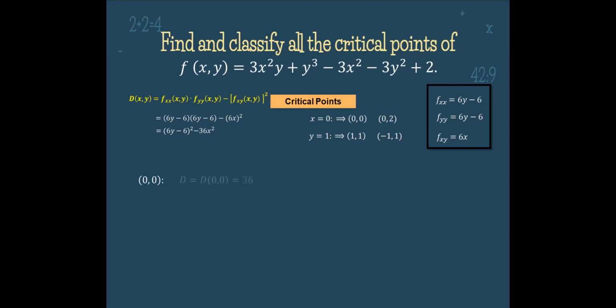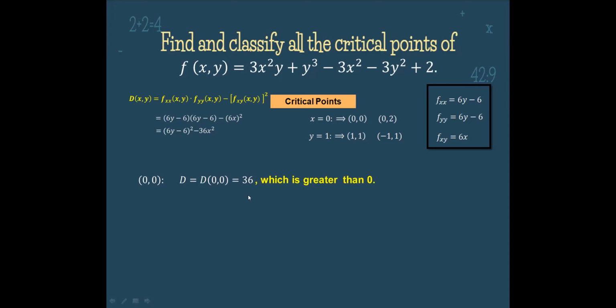For (0, 0), with this formula for D, we will replace x by 0 and y by 0. So we will have negative 6 squared, that is positive 36, minus 0, so D is 36. And take note, 36 is greater than 0.